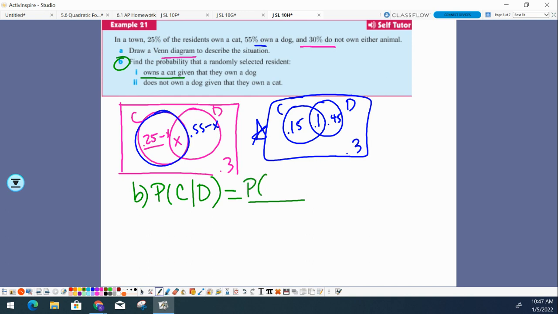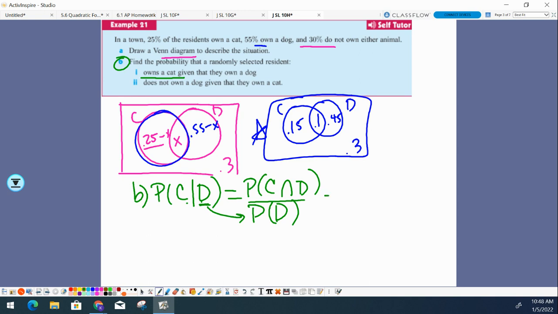So I would write probability of cat intersect dog over the probability of owning a dog. It's kind of like you just take this C/D and tilt it. This always goes on the bottom. Just D goes on the bottom.